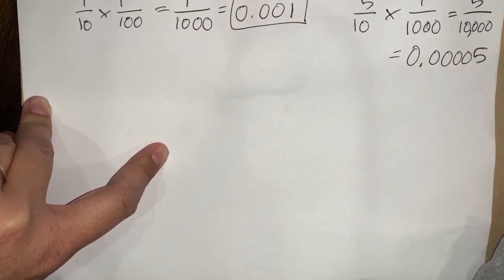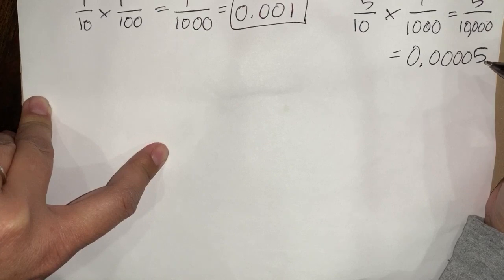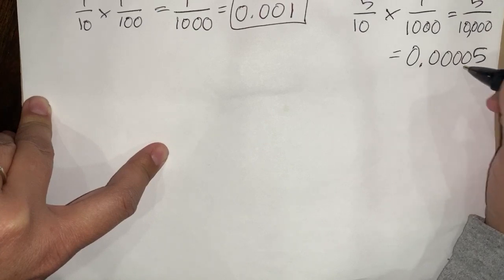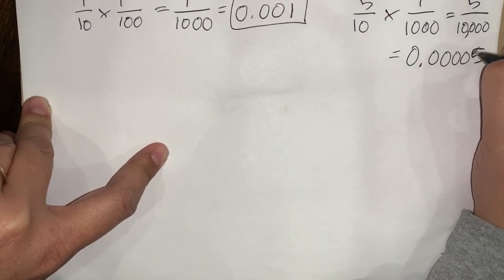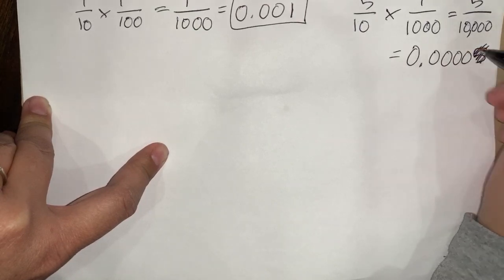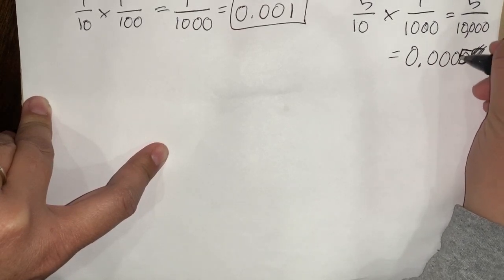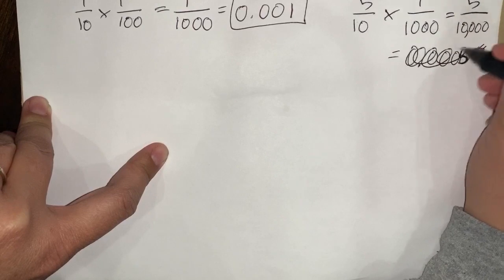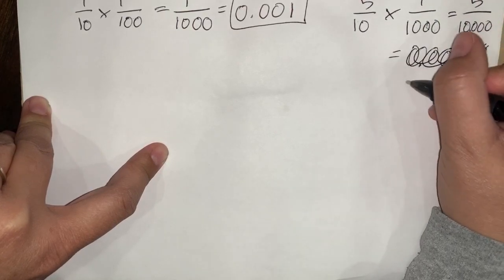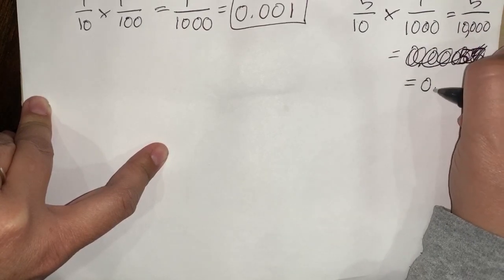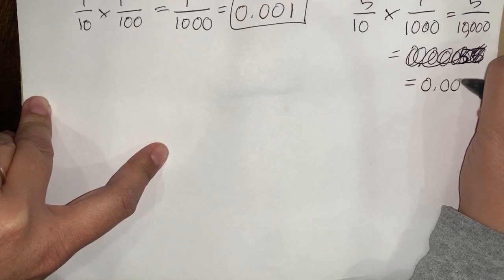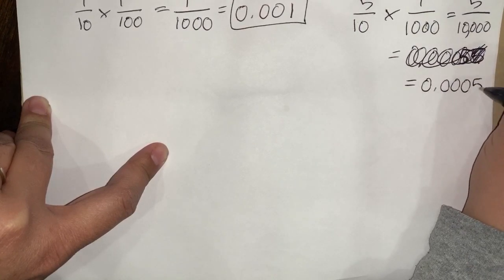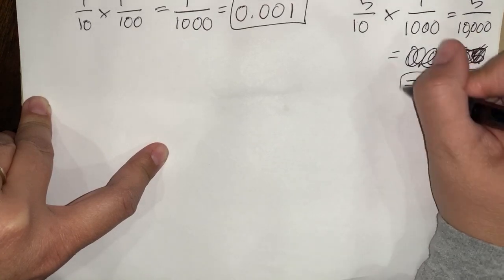So 5 10,000ths. Nope. This would be 1,000. This would be 10,000. All right, scratch that. The 5 goes here. Let me rewrite that. So 5 10,000ths. So this is tenths, hundredths, thousandths, and then 10,000ths. There we go.